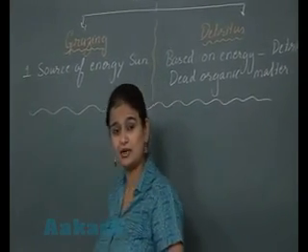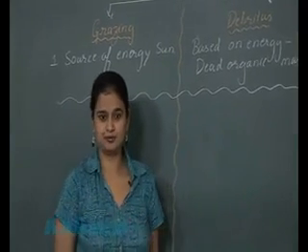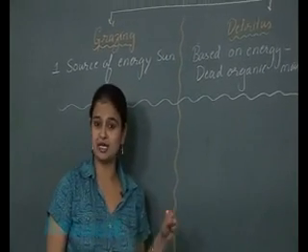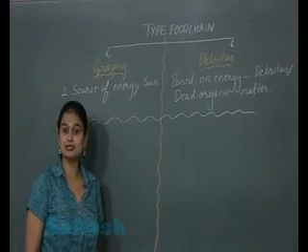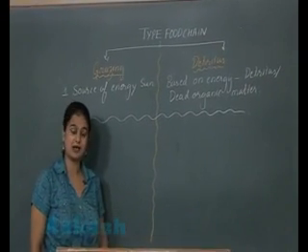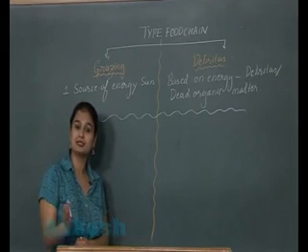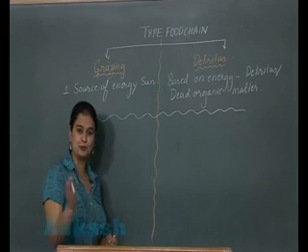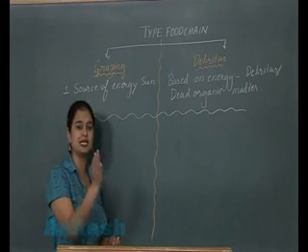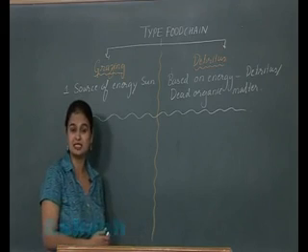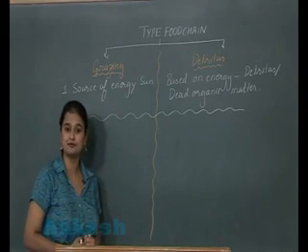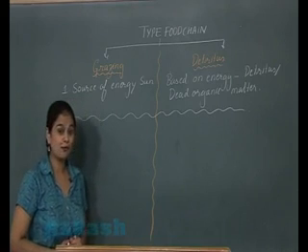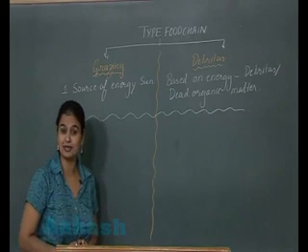Now, in the case of the grazing food chain, the solar energy is utilized by the plants, and they are going to transduce, to convert the solar energy into chemical energy. This chemical energy is present in the bonds of the food. So who is going to utilize this solar energy?